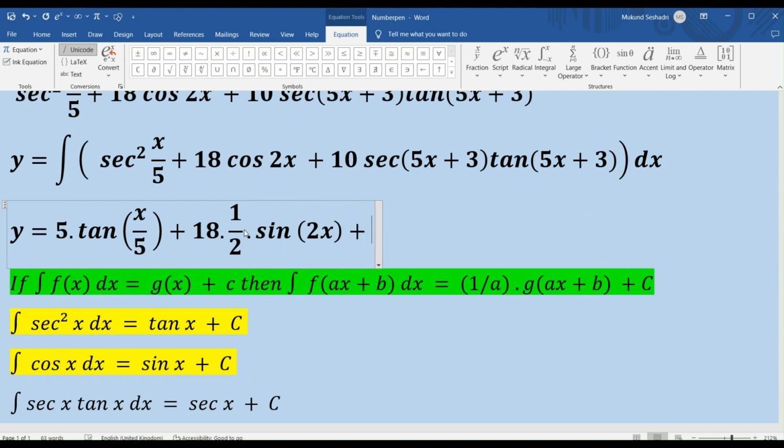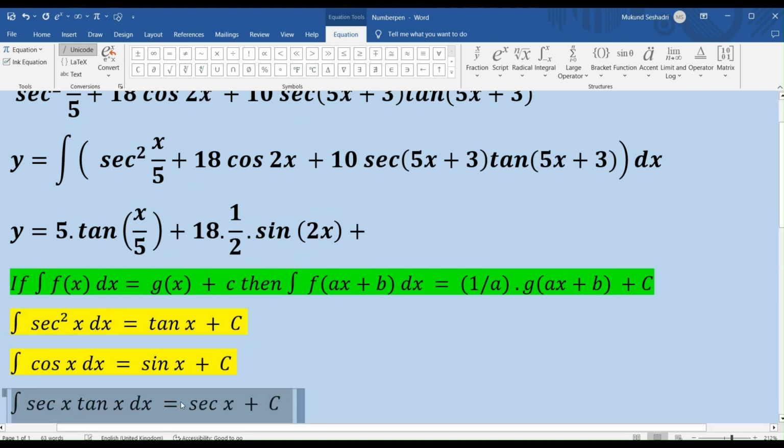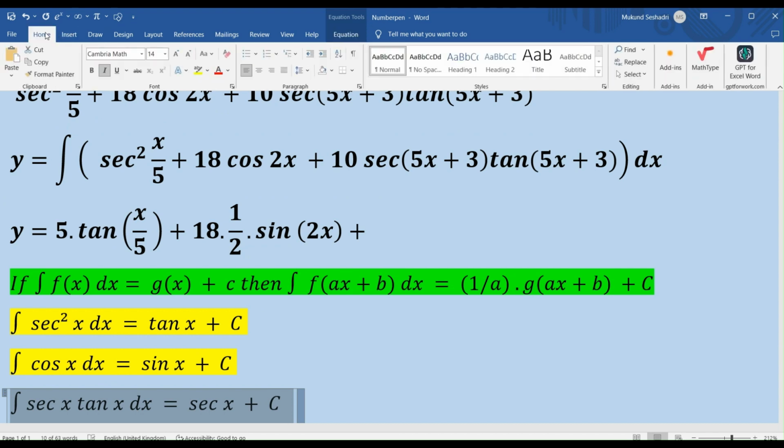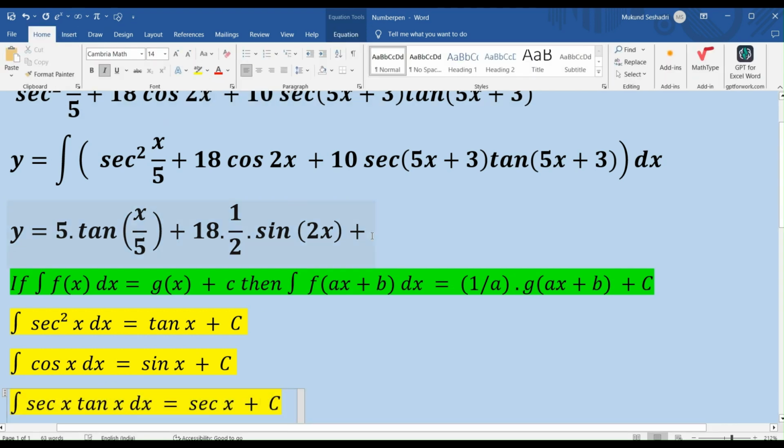And then I come to my third part. The formula that I'll be using is integral of secant x tan x equal to secant x plus c. I'll highlight that in yellow. And then I have 10. I write my 10 as it is. I equate it to the formula highlighted in green.